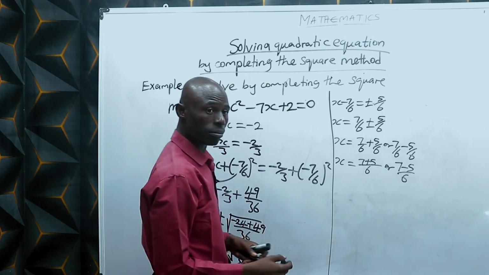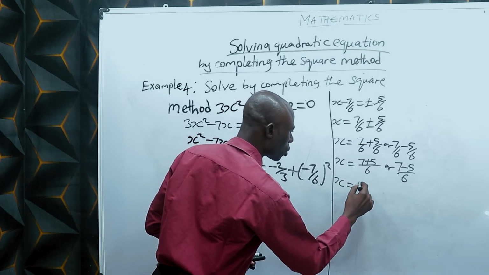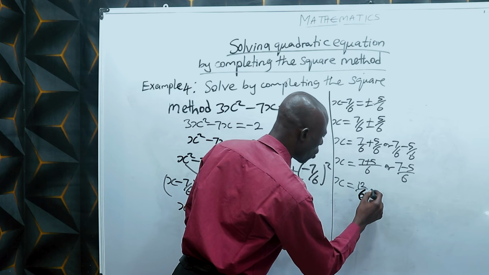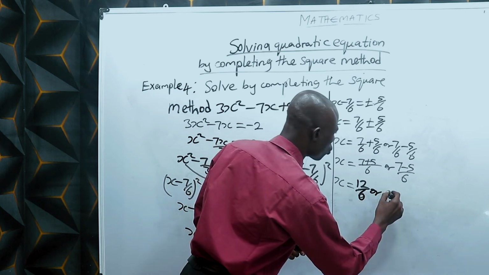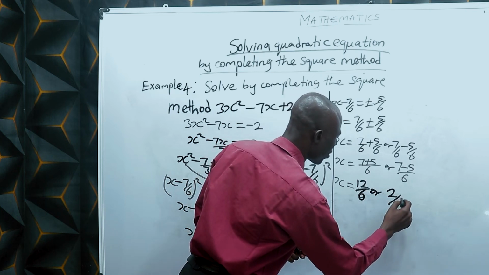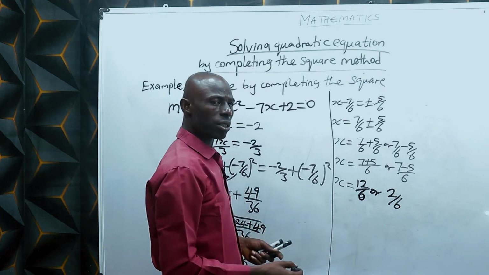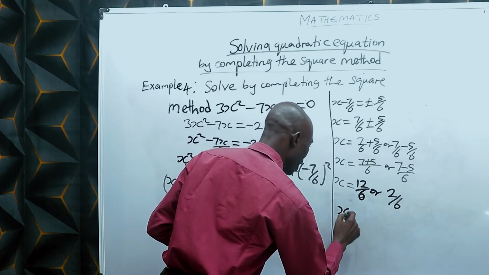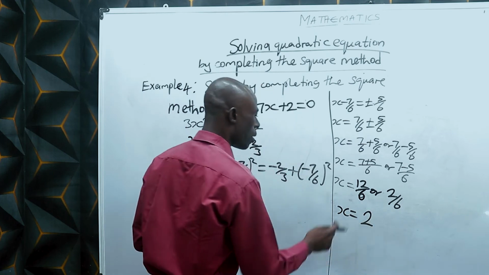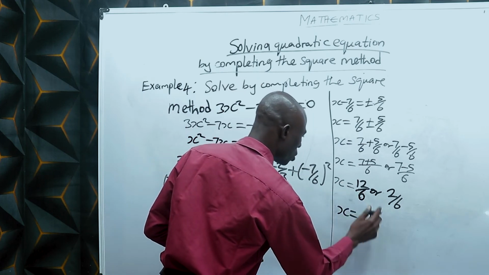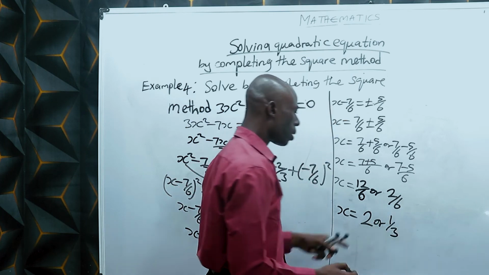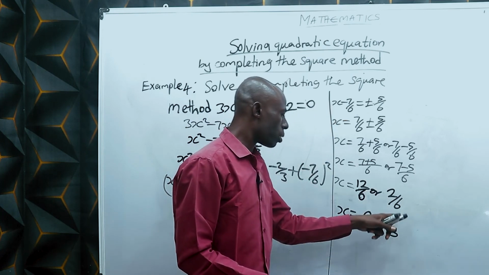Finding the LCM, x equals 12 over 6, or 2 over 6. 7 minus 5 is 2 over 6. So x is equal to 2, since 12 divided by 6 is 2, or 1 over 3, since 2 into 6 is 3.